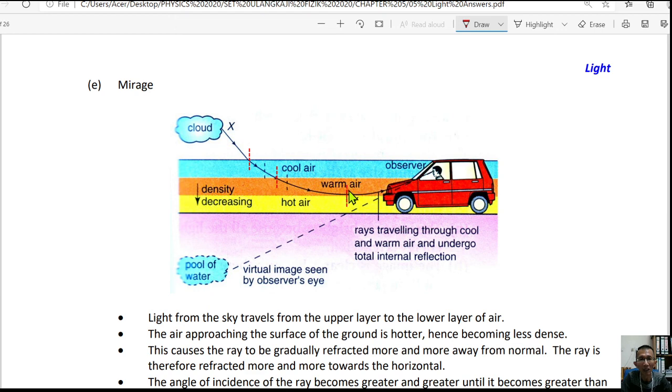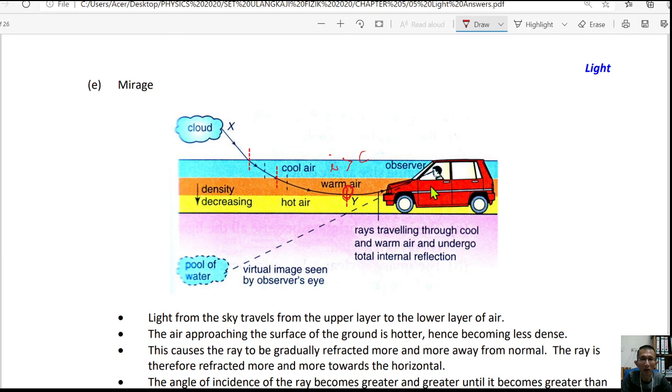So what happens at this point? At this point, my angle of incidence is greater than my critical angle. So I will have total internal reflection. It will go up and straight to the observer's eye.